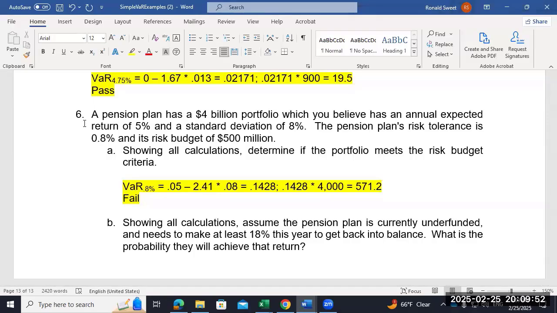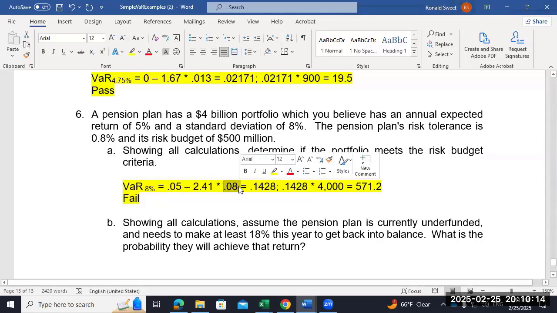So when you see a problem like this, first of all, where did they get the mean from? The mean could be the historical return, which is really dangerous. If you had a really strong bull market, it's going to be overstated. You'll see in your project that we're going to do later in the semester, the mean's going to come from forecasts, what we think is going to happen in the future. Standard deviation is almost always based on history.